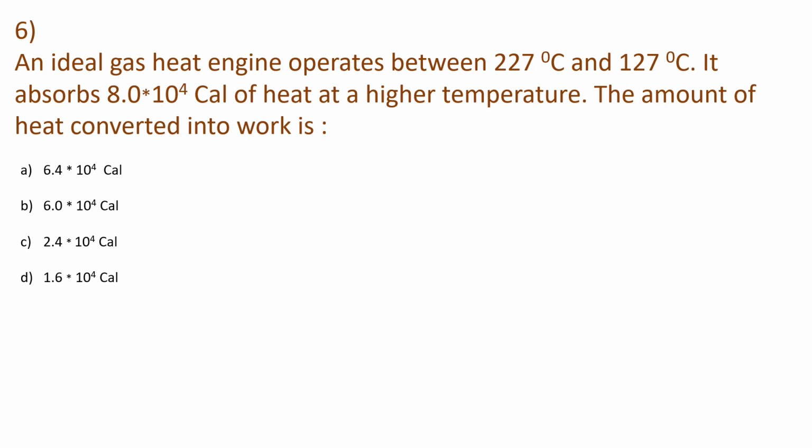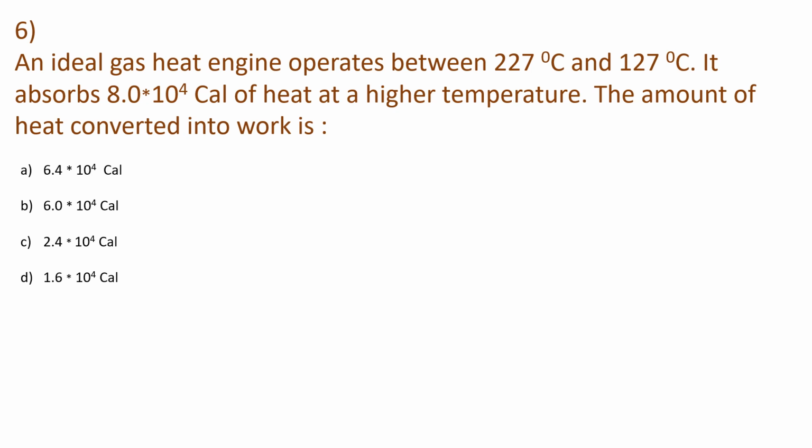And here it is. An ideal gas heat engine operates between 227 degrees Celsius and 127 degrees Celsius. It absorbs 8 into 10 to the power 4 calorie of heat at a high temperature. The amount of heat converted into work is what?